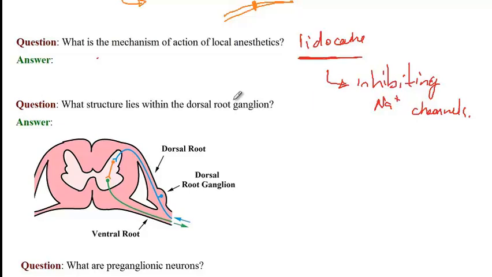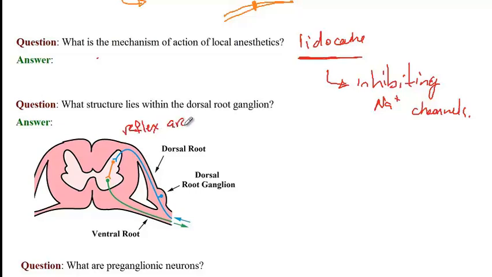Next question is, what structure lies between the dorsal root ganglion? And basically here I've already shown you the image. It shows you in blue color the sensory nerve cell, then we have interneuron in orange, and then finally we have the green efferent nerve. And so again, this was another example of reflex arc.